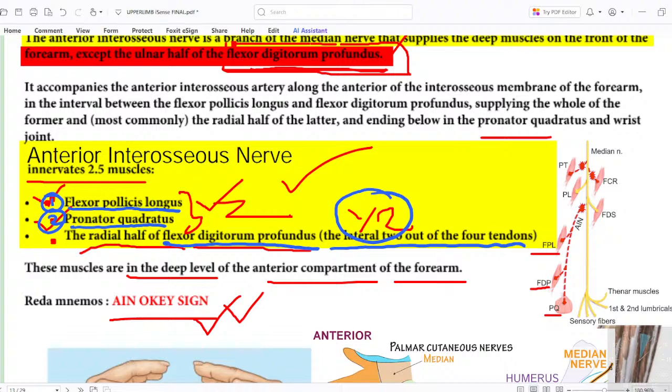Okay. So I thought the anterior interosseous nerve supplies all the muscles of the forearm. Am I wrong? No, two and a half. Flexor pollicis longus and pronator quadratus, also the lateral two tendons of flexor digitorum profundus, and the medial two will be supplied by the ulnar nerve.